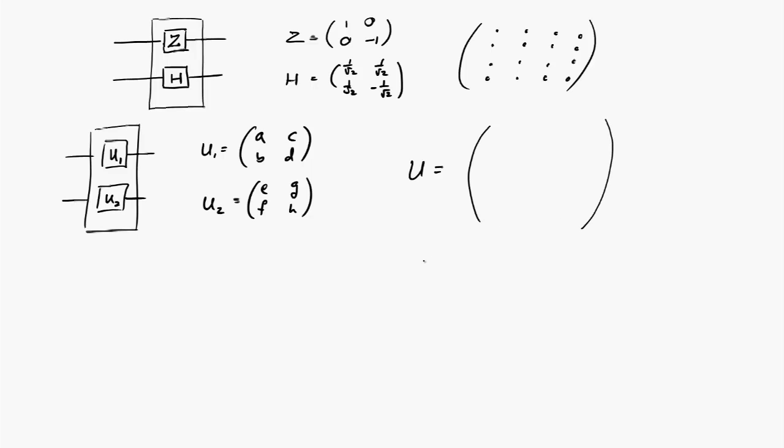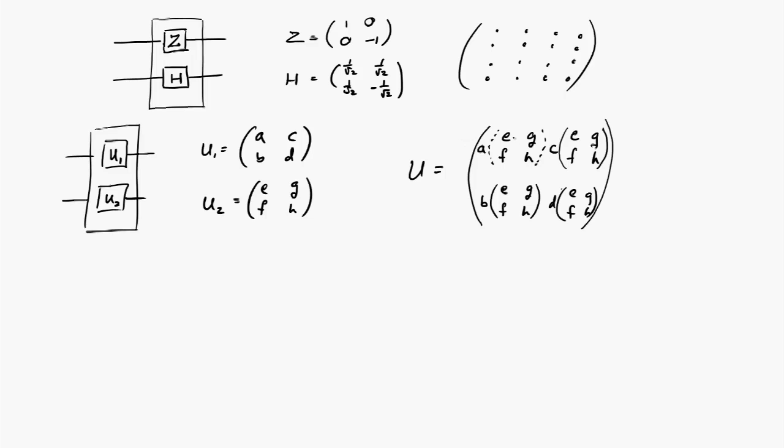Imagine that these 4 numbers are just going to be E, F, G, H, except that they'll be scaled by A. So this number would be A times E, that number would be A times G, A times F, A times H. And similarly, these 4 numbers would be E, F, G, H, except they'd be scaled by C. And these 4 numbers would be, again, E, F, G, H, scaled by B, and E, F, G, H, scaled by D.